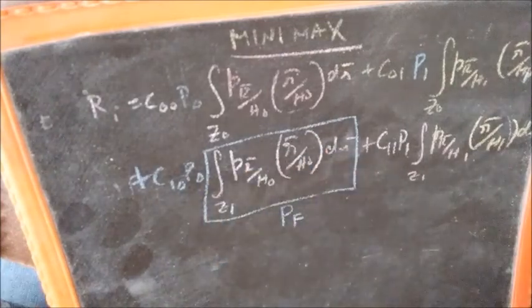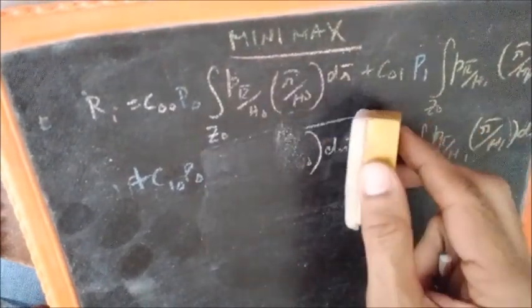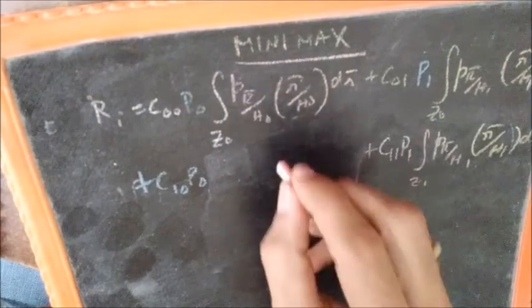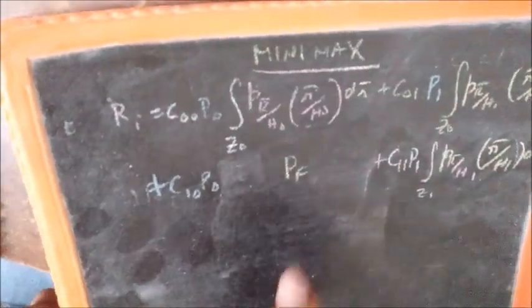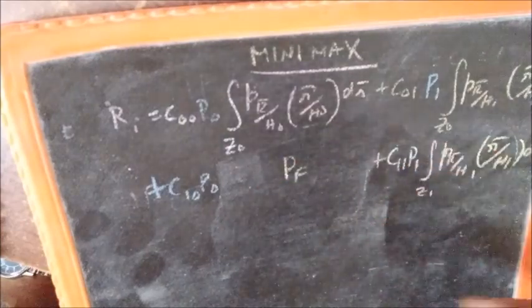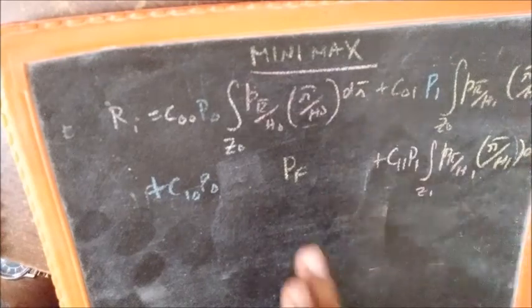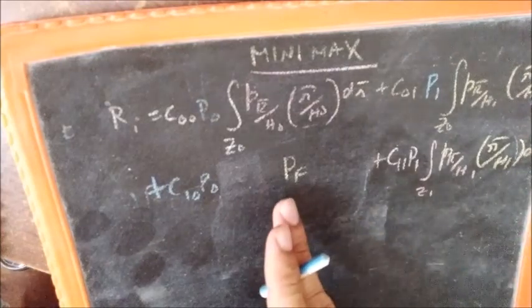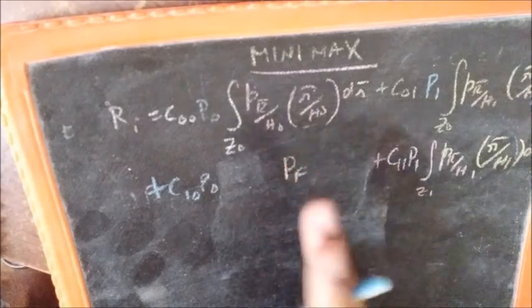Which means that we can replace this with PF. This is the probability of a false alarm. Now, when H0 is the true hypothesis, you either declare it as H0 itself or you declare it as H1. When you declare it as H1, you end up in false alarm, and when you declare it as H0, you are declaring H0 as H0 itself.